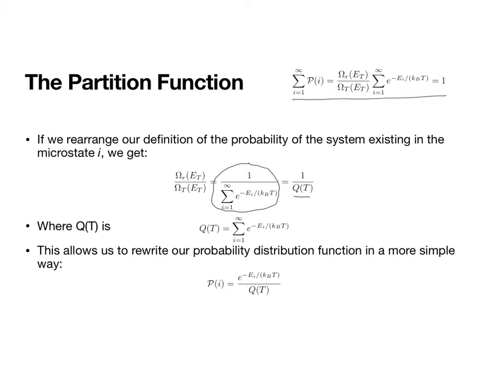And so this funky function that we don't like to write a lot, we call Q of T. And so our probability distribution can now be rewritten as this exponential of this single energy state divided by Q of T, which is our total.